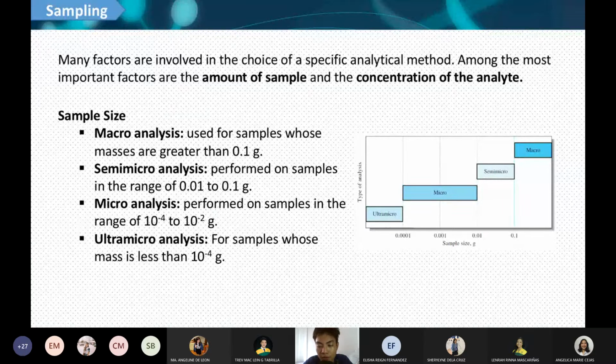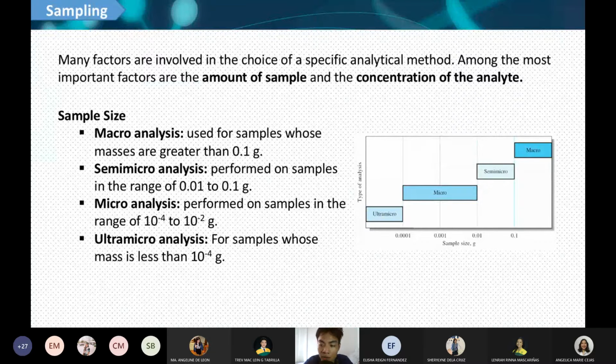Okay? So depending on the two factors, the amount of the sample and the concentration of your analyte, there is a specific analytical method that has to be done. One analytical method will not work for other types of analysis because of the sample size or the concentration of your analyte.